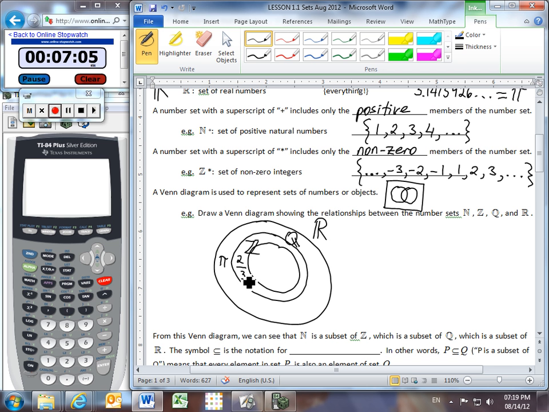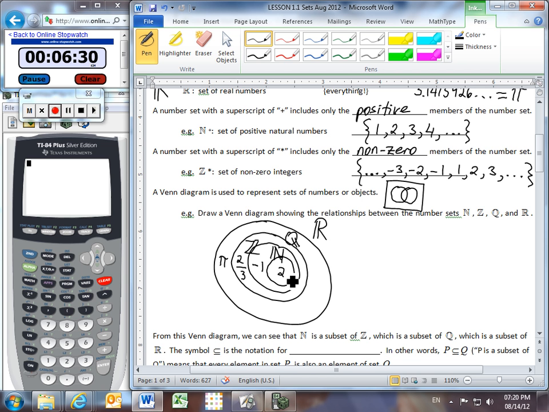And then inside the integers, we've got our natural numbers, which we'll denote with an N. And an example of a number that is inside the integers, but is not inside the natural numbers, would be, say, any negative number, like, say, -1. So these are examples of numbers that reside in the outer rings of our real number set. And inside here, an example of a number that is a natural number might be something like 2.